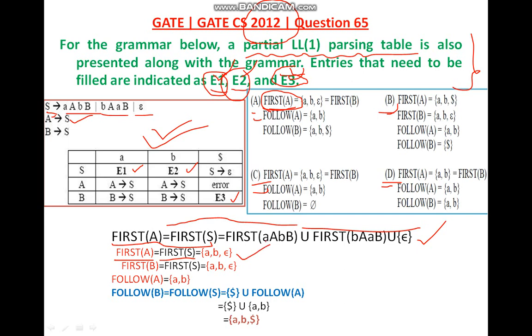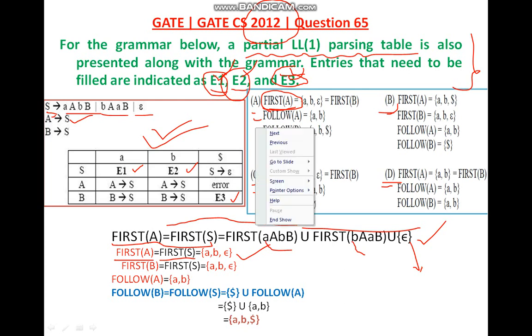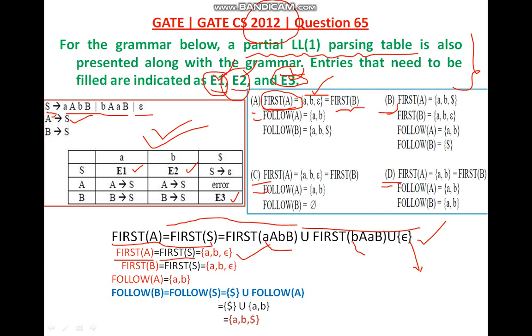This a is a first terminal, this b is a first terminal, and epsilon is included directly in first of any variable if it is producing it. So if you carefully watch, this option is right. Now what about first of B?